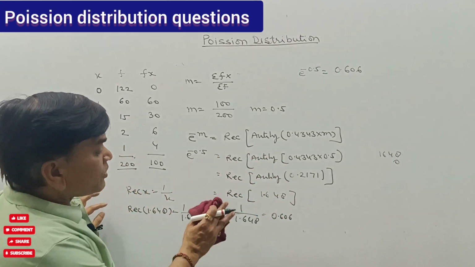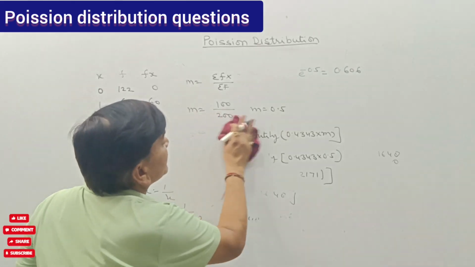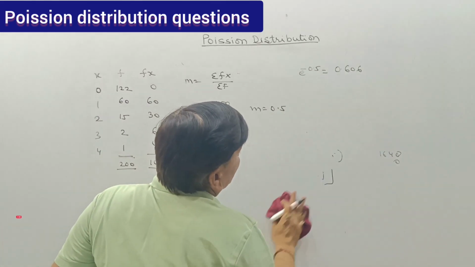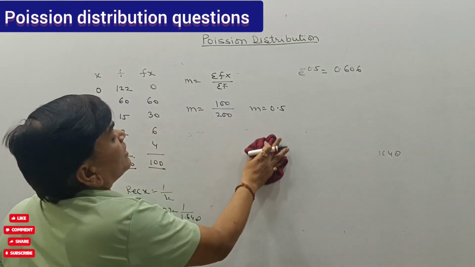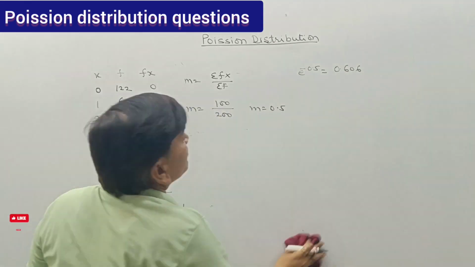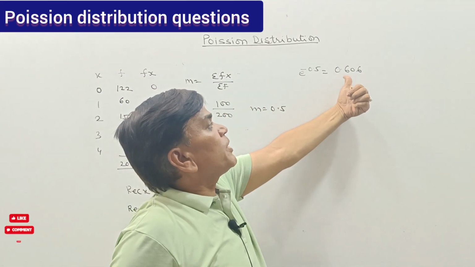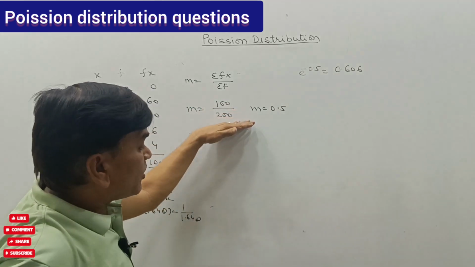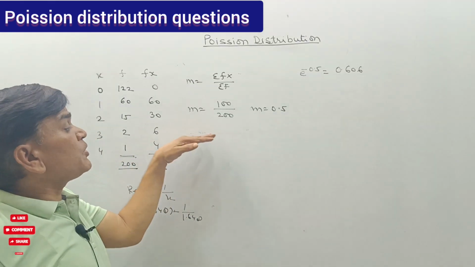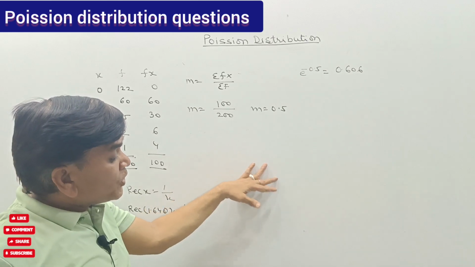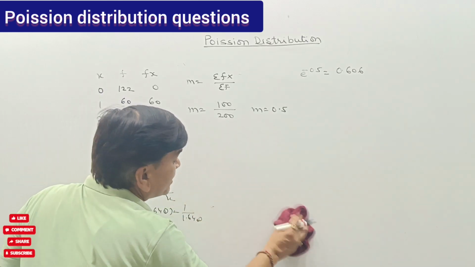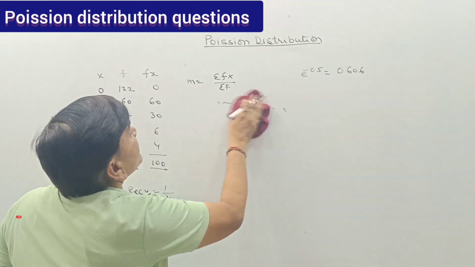If you don't want to do it, no problem at all, you can directly look it up in examinations. If in the question they have given that the e raised to power minus m value is 0.606, then we don't need to do this.